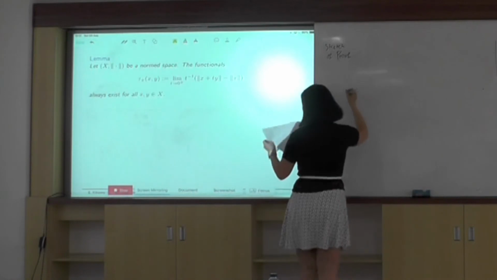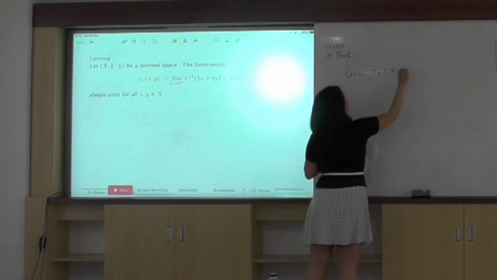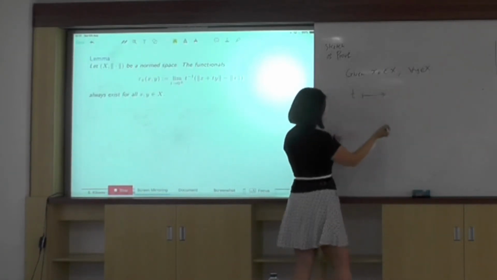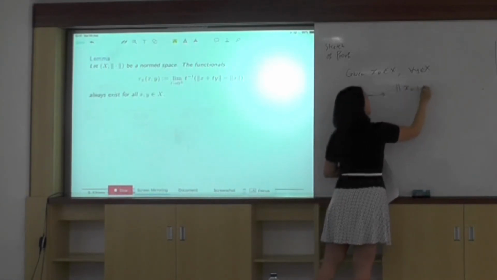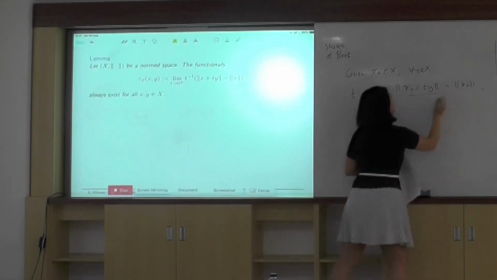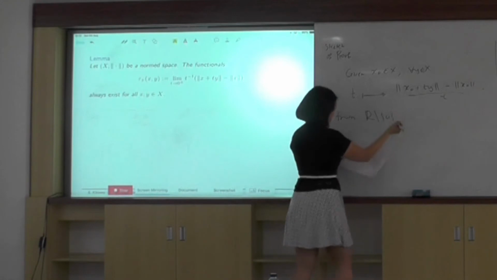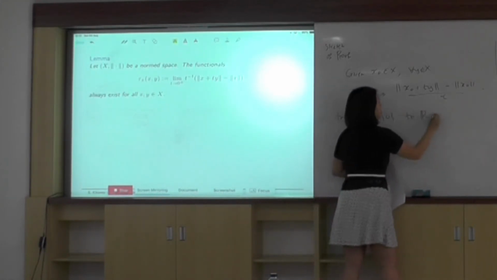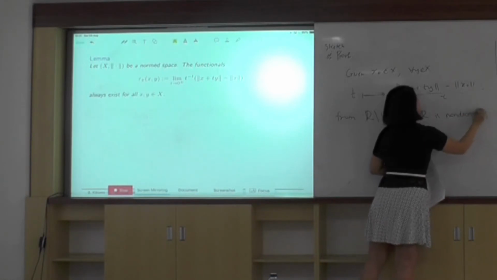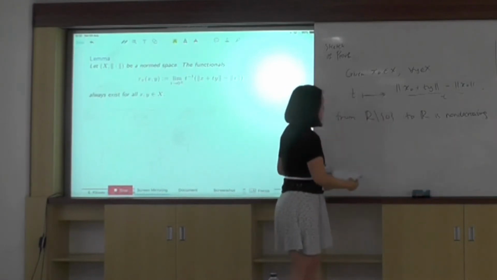All you need to show is that given x0 in X, for all y in X, the following mapping from t to (||x0 + ty|| - ||x0||) divided by t, from R take away 0 to R, is non-decreasing. You will use the fact that the norm is a convex function in order to show this.